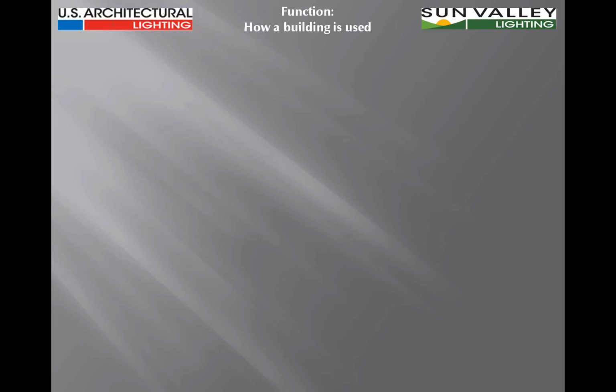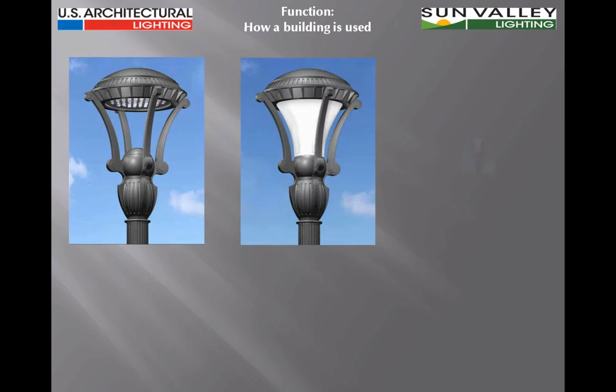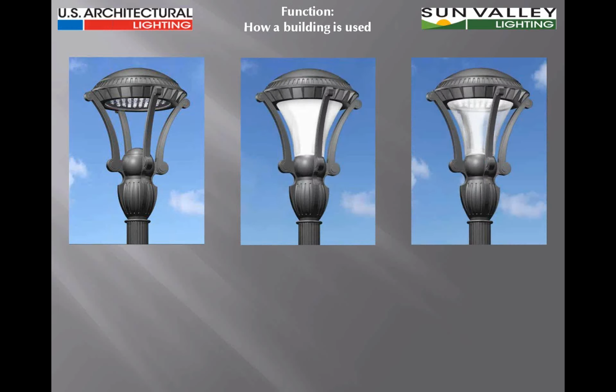Now, let's take a look at the Mozart Lantern and its complete product line and see how it conforms to the rules of good architecture, the 3 fundamental principles. First, let's take a look at function, how a building is used. The Mozart Lantern comes in 3 different iterations. You have a flat lens version, you have a version with an opal diffuser, and you have a version with a clear pattern diffuser.